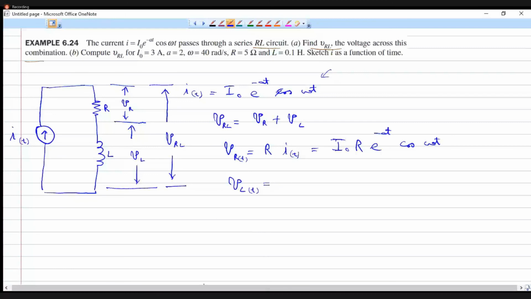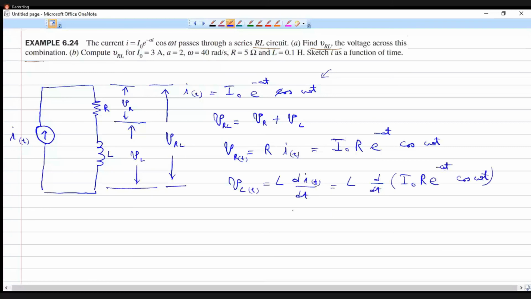Voltage across an inductor is given by L di by dt, right? So that is equal to L into d by dt of this quantity, I naught e power minus at cos omega t.